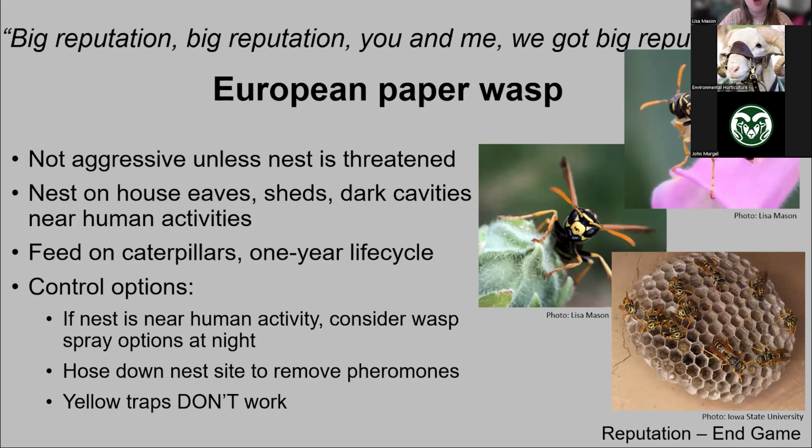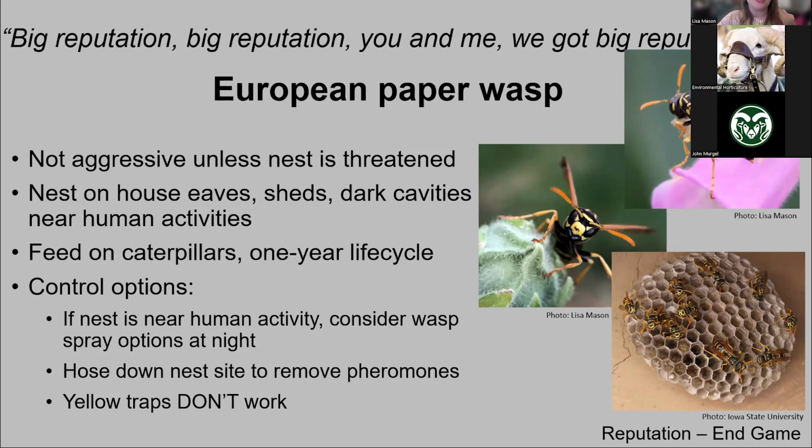These wasps build open-faced papery nest cells under your house eave or in a dark shed. Any dark space, usually above ground. That's how you can distinguish European paper wasps from Western yellowjackets, based on the nest location. Since they are an invasive species, you don't have to save them or anything.